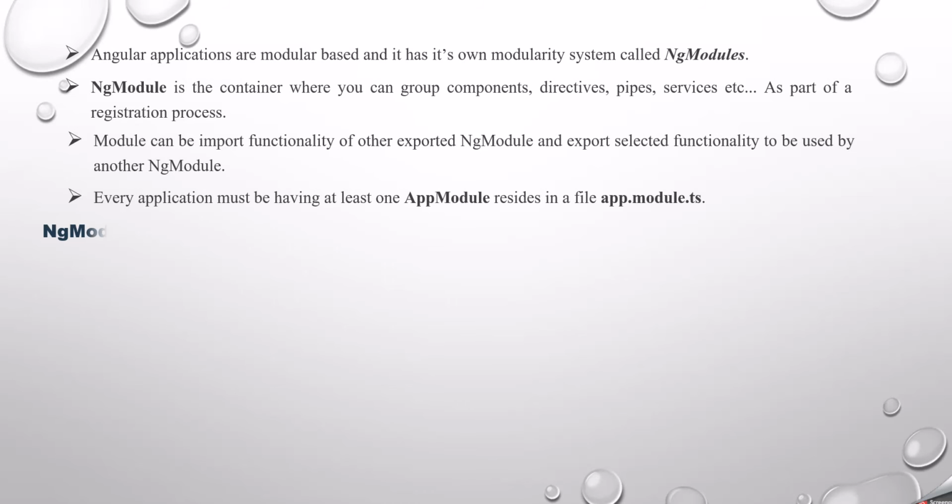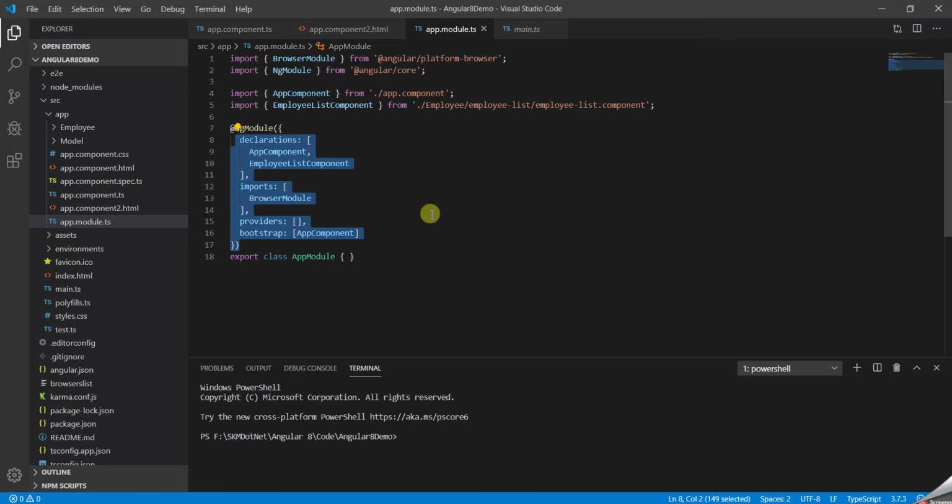So what is metadata? Metadata is nothing but whatever we find within the ng module method. As you can see here, ng module is a method which is decorated, and it is also a decorator, of course.